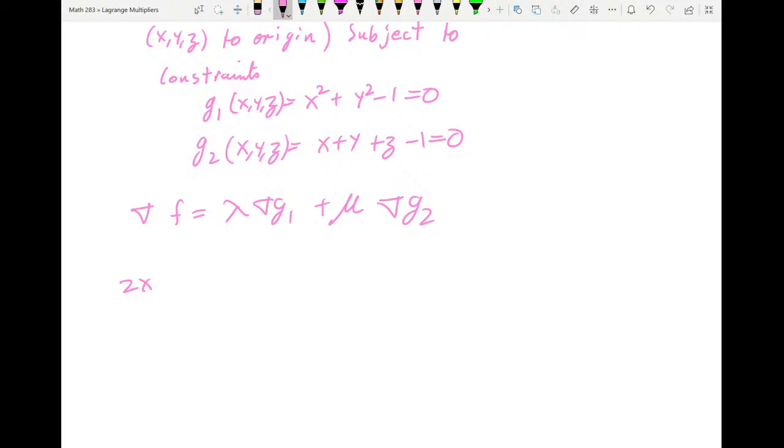So you get 2x i plus 2y j plus 2z k. The two multipliers can be different or the same. Yes, you have to separate them.